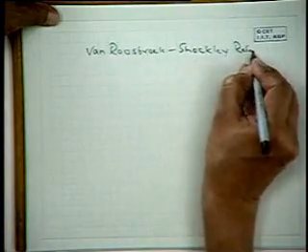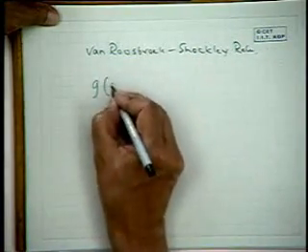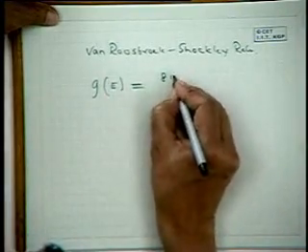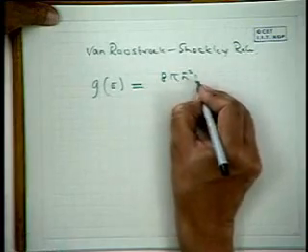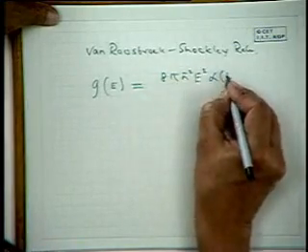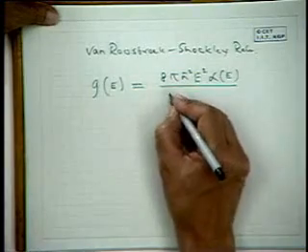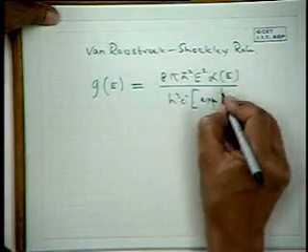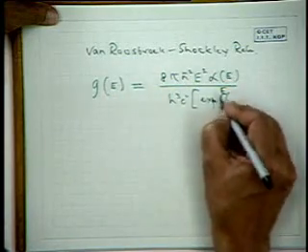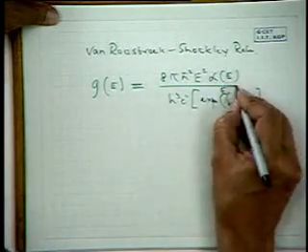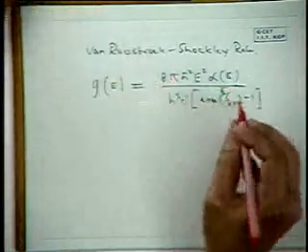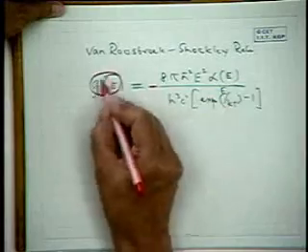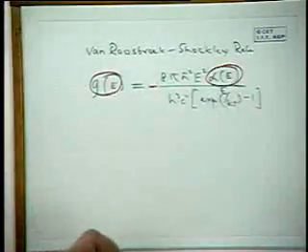We can write G of E is related to alpha of E. This is equal to 8 pi n bar squared E squared alpha E over h cubed c squared, and the Bose-Einstein formula, e to the power E over kT minus 1. I think there should be a minus. This is G E is related to alpha E.